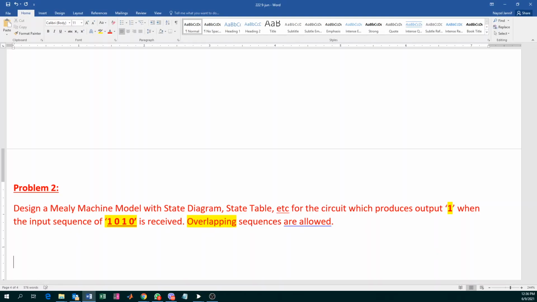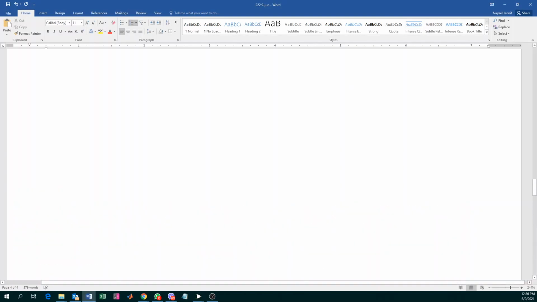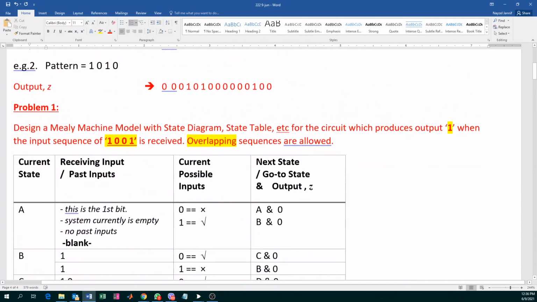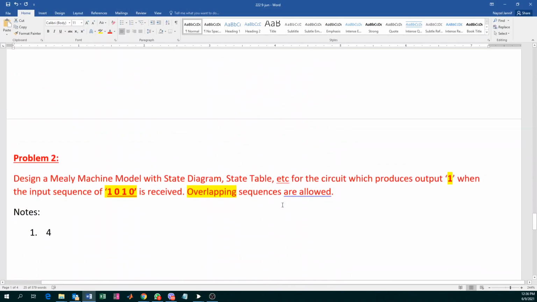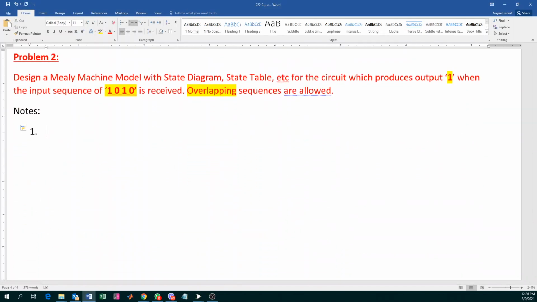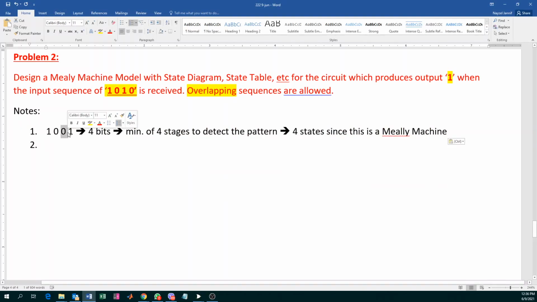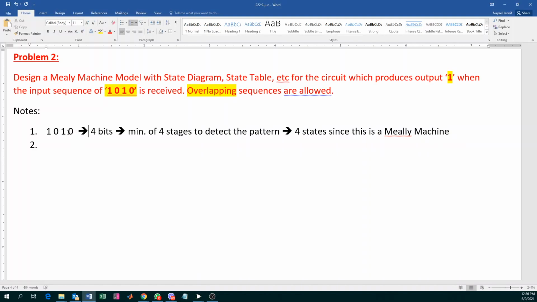Okay, so let's look at some side notes. We're looking at problem 2, guys. 1010 is 4 bits, so we need a minimum of 4 states to detect the pattern of 4 bits.